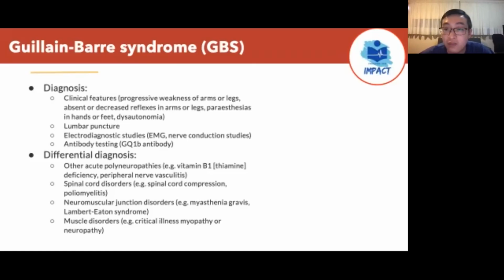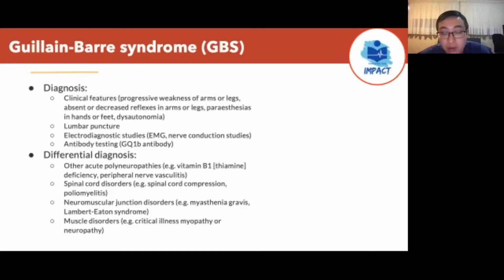This means that even if you treat the patient with an acetylcholinesterase inhibitor, there's no acetylcholine in the neuromuscular junction anyway, so the symptoms don't improve. So it has minimal effect. And the weakness in Lambert-Eaton syndrome usually improves with muscle use, in contrast to myasthenia gravis. So they're two quite distinct clinical entities, but important to know the difference.